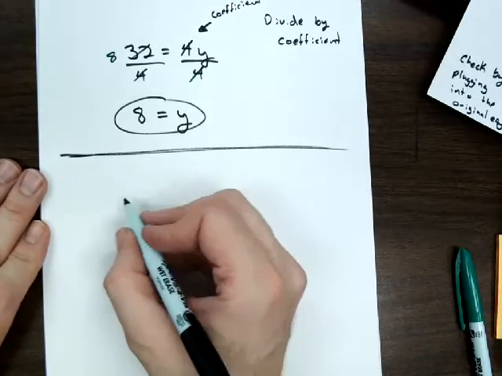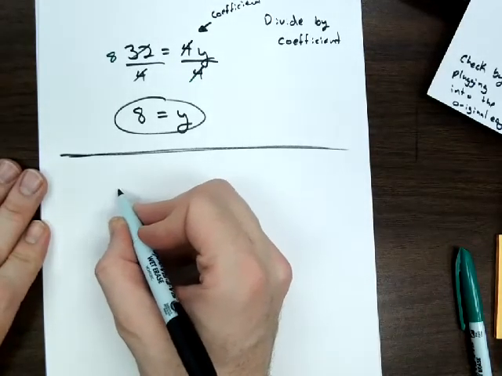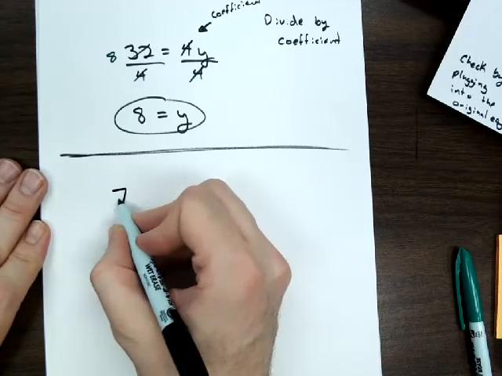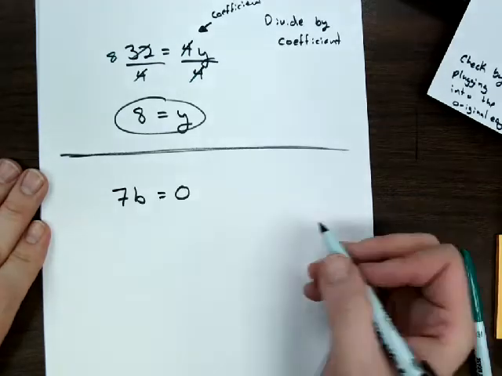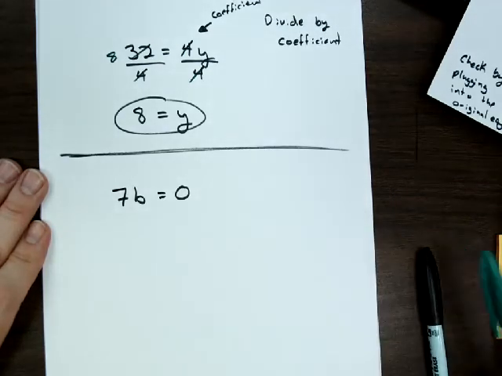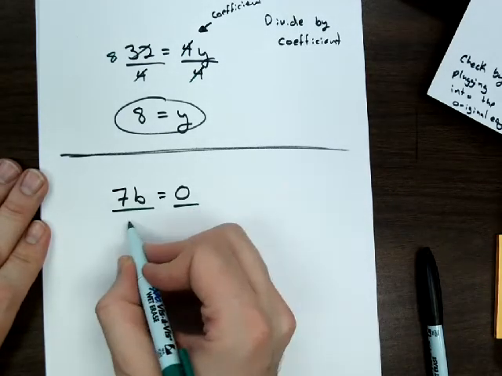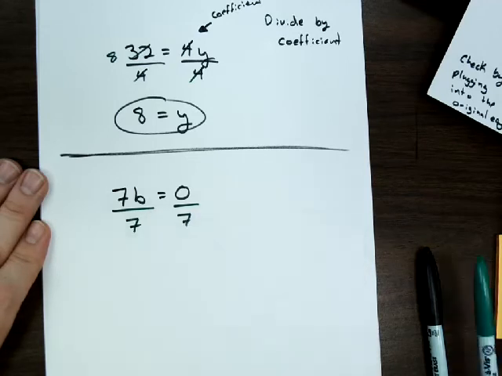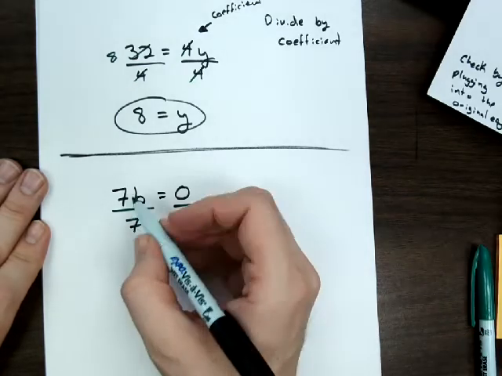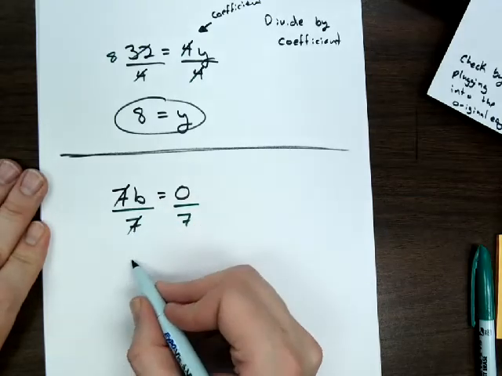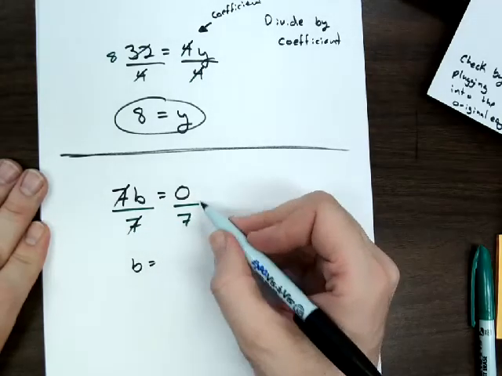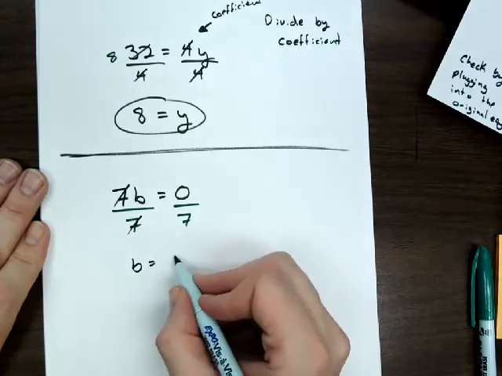So let's say I've got something like 7b is equal to 0. Okay, fairly straightforward. Let's go ahead and just divide both sides by 7. And this one, a lot of times, gets some people. I've divided both sides by 7. I've just got b is equal to, well, 0 divided by 7 is going to be 0.